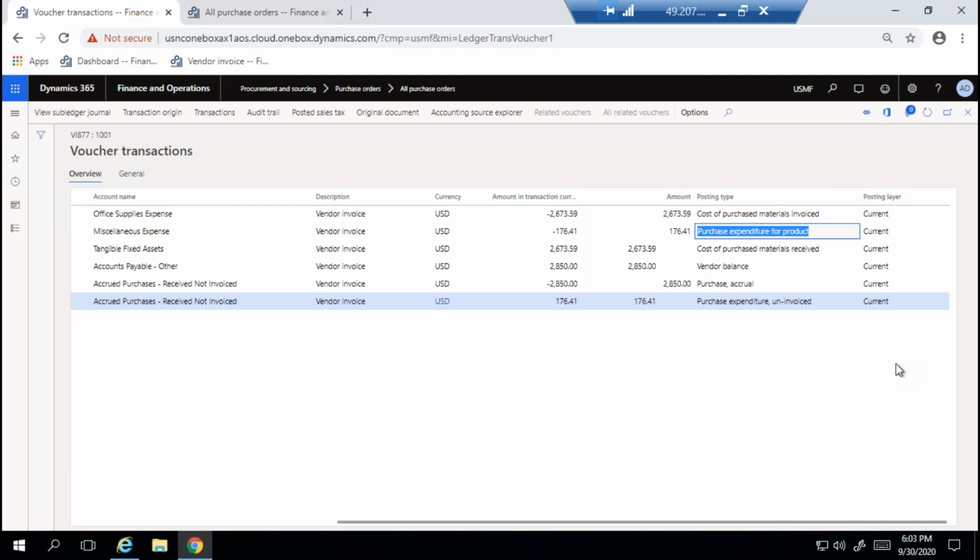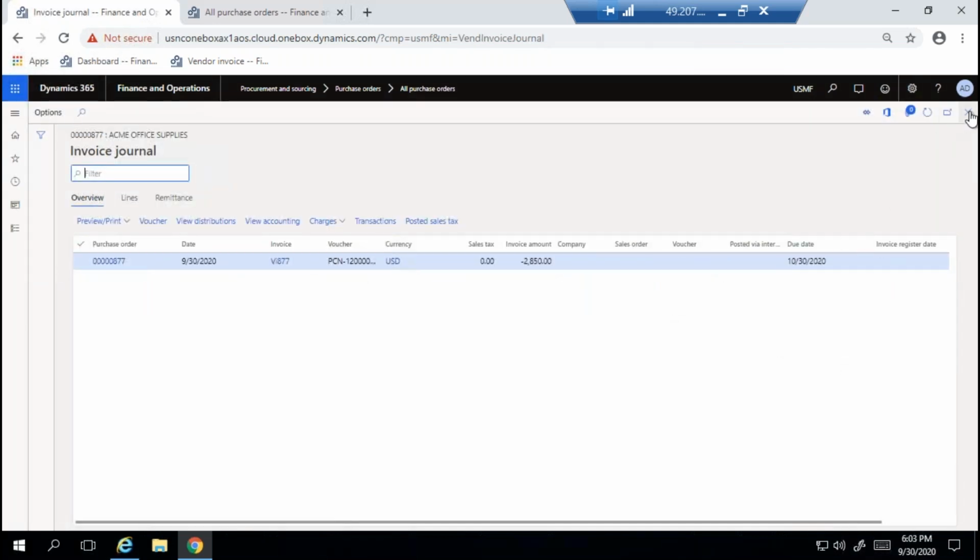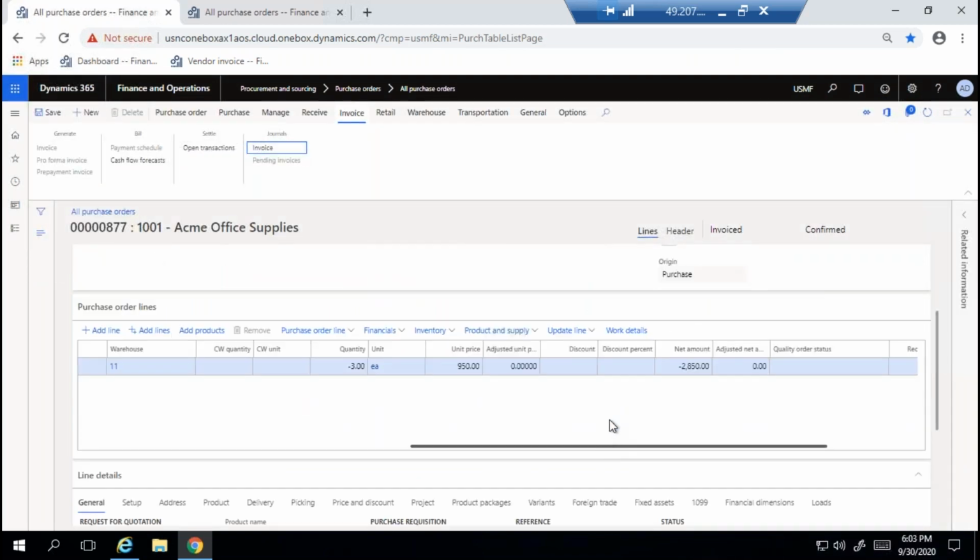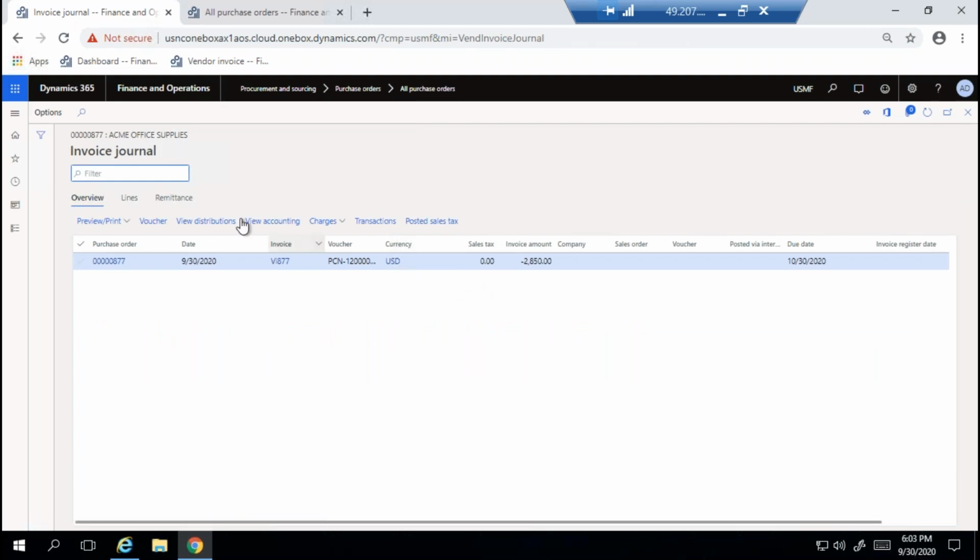The reason behind this is that you are entering manually. Whenever you enter manually, in the system the cost price is 899 point something. But now you have returned at 950. The difference between 950 and 899 will be posted as purchase expenditure per product.